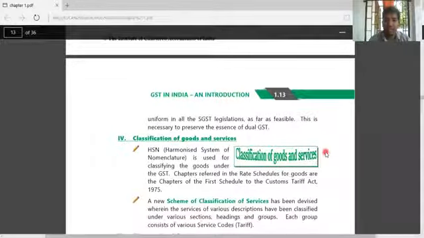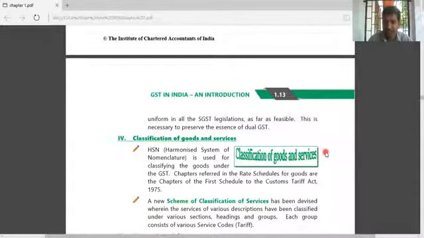Now, classification of goods and services. So, how do we charge a rate of tax for an item? In the previous lecture, I gave an example of purchasing a dress. So how to determine the rate of tax for that? For that, there is an HSN code. HSN means Harmonized System of Nomenclature. Say it's a tariff; tariff means actually a rate.